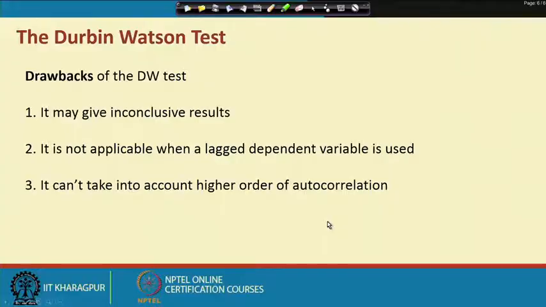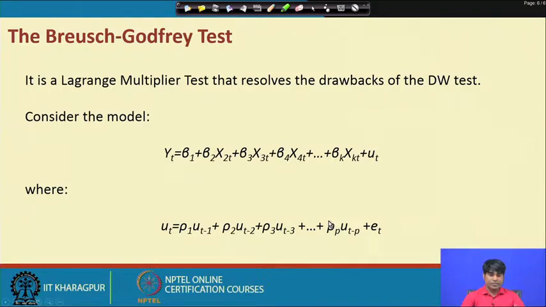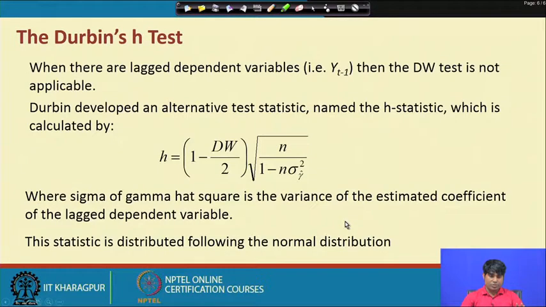Then in that case, instead of using the Durbin Watson d statistic, we will use the Durbin Watson h statistic. So it will be like this. I will give you the Durbin Watson h statistic structure. This is the Durbin Watson d statistic structure.